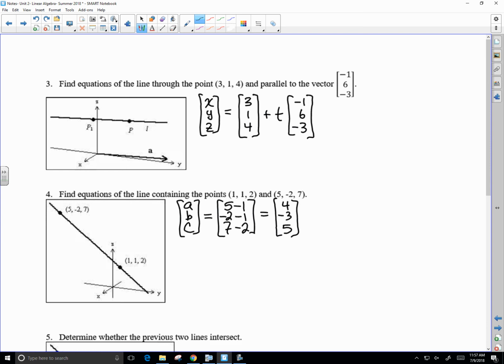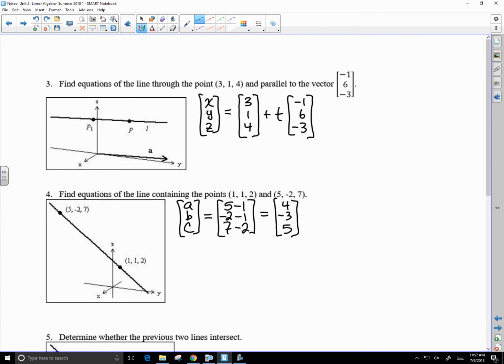Okay, so we'd be looking at x, y, z equal to 1, 1, 2 plus t times 4, -3, 5.